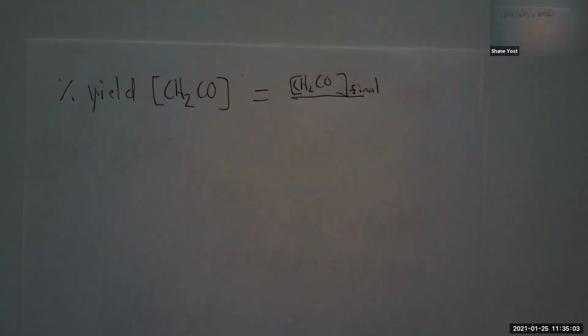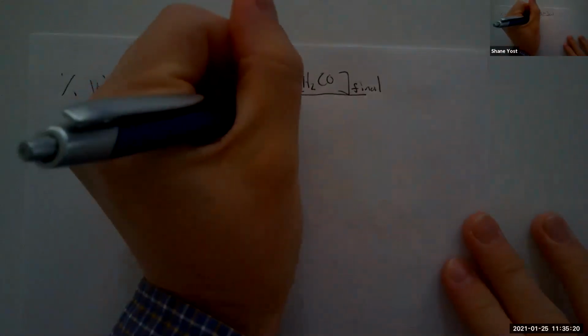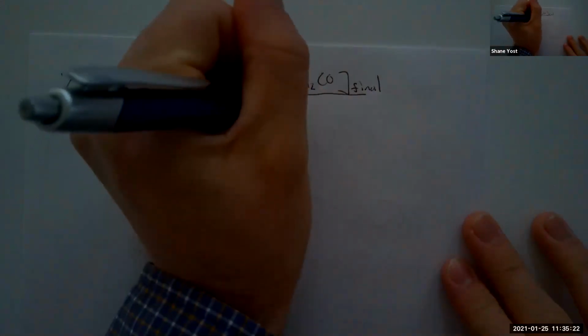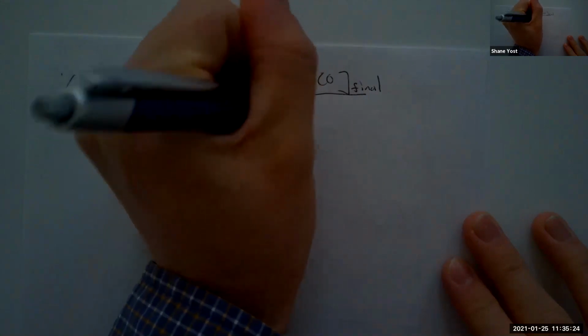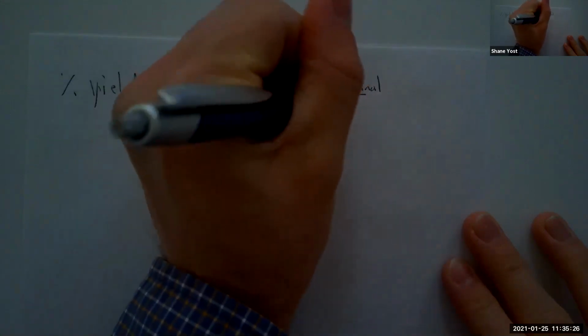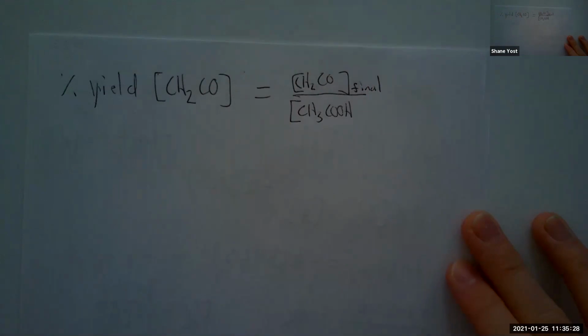How would you get your theoretical yield? Yeah, you look at your reactant, how much concentration of my reactant do I have, and then assume that goes all the way to just this one product. It's the same thing here. What's my reactant? CH3COOH, is that it? Yeah, fantastic.